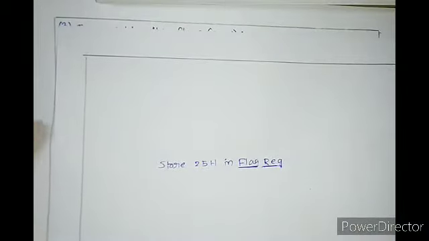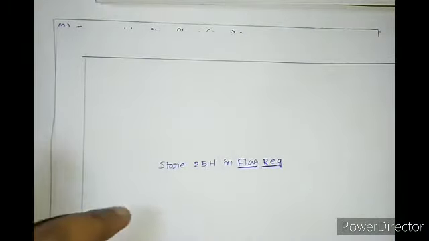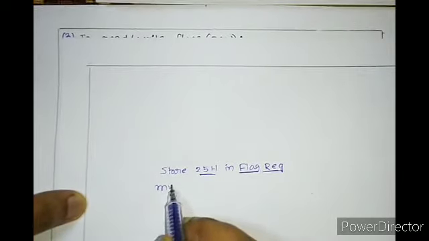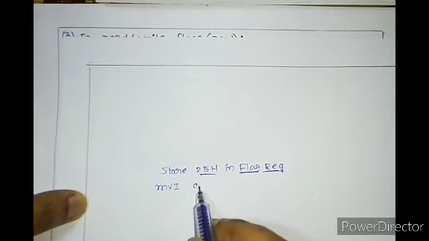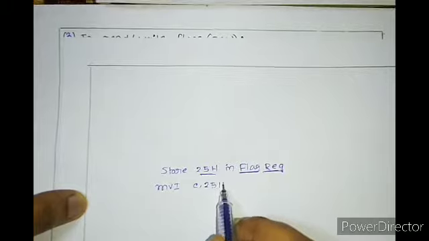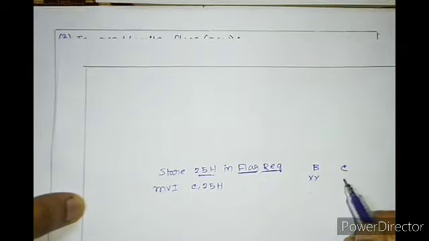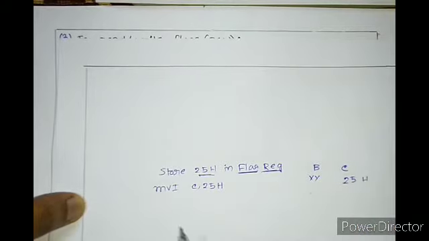For that, first I need to get this value in the stack. So let's store this value in a register: MVI C, 25. So this is BC, garbage value and 25H.